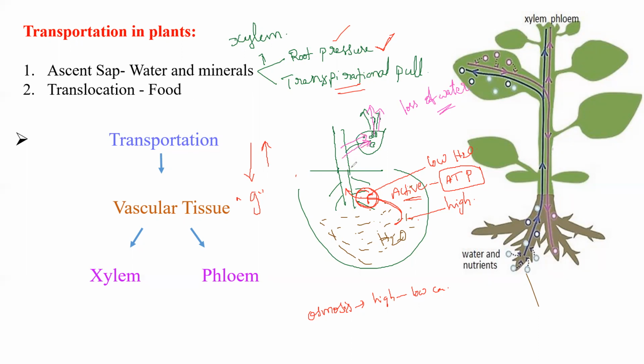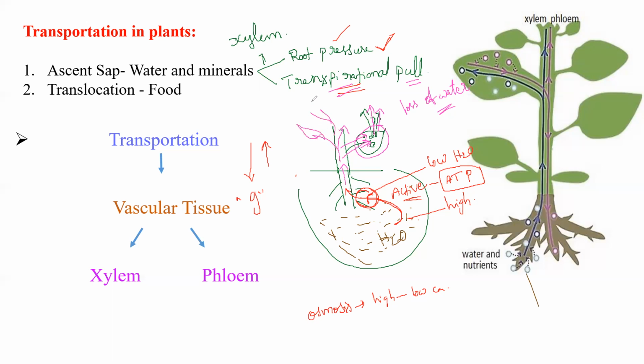So the water is pulled from downwards to the leaves to evaporate. Due to the evaporation, a suctional pull is created. That pull is nothing but transpirational pull. Why is the pull created? Due to the transpiration. That's why it is a transpirational pull. This transpirational pull causes transportation of water from roots to all the parts of a plant.